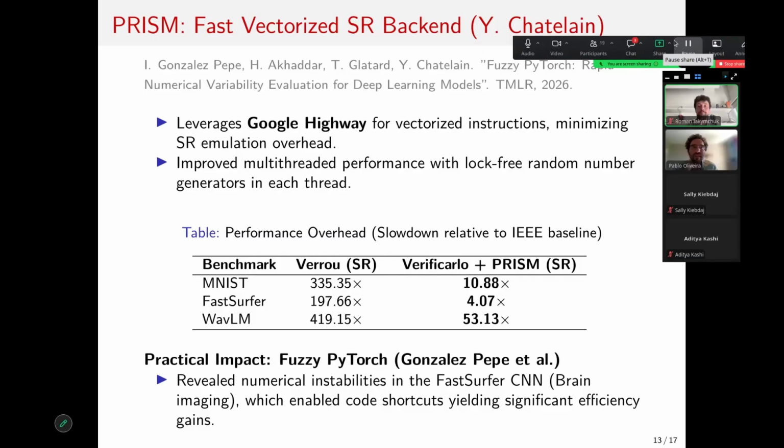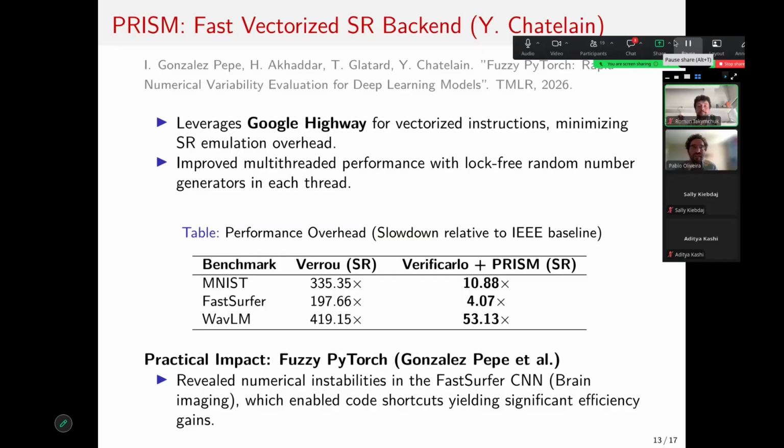For this kind of computationally expensive code, they really needed a fast backend. So they leveraged Google Highway, a library that allows implementing stochastic rounding using vector instructions. And they did very nice work to improve multi-thread performance.